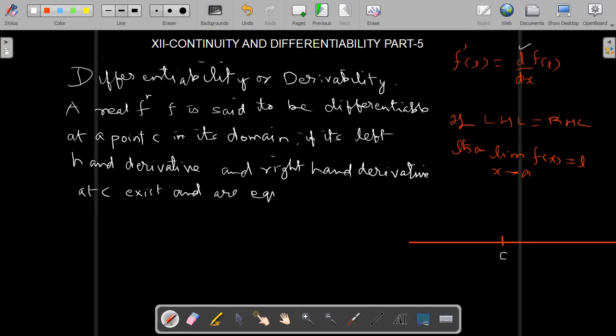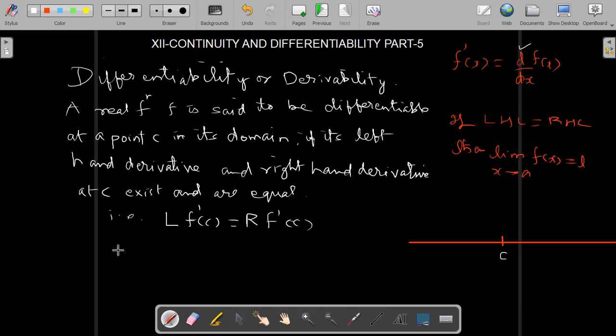Then if they are equal, we can say that the function is differentiable at that point. So we write the left hand derivative at c, f dash c, is equal to the right hand derivative at c.